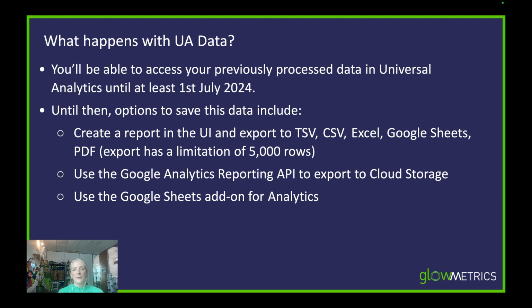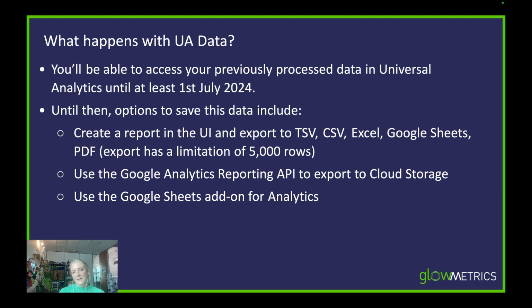I should also mention that Google Analytics expects that you will not have access to your Universal Analytics data within a week of the 1st of July 2024. So some of you might have noticed whenever they stopped processing data in your Universal Analytics account in July last year, there might have been another few weeks extended onto that.